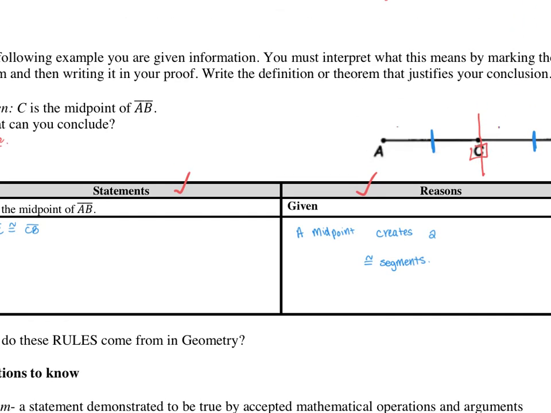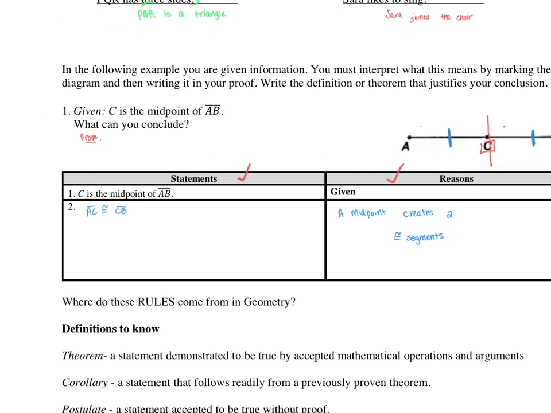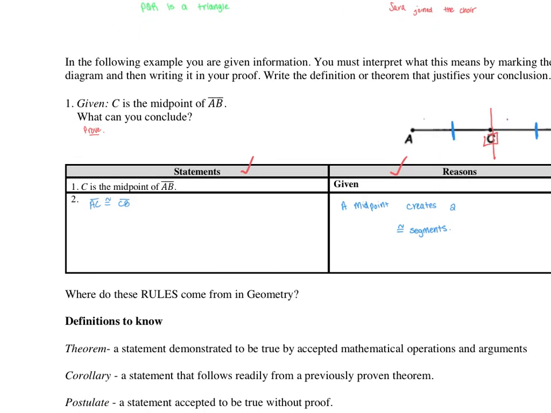What some students have written over the past 2 years that's also 100% acceptable is a midpoint creates two equal halves or two congruent halves. As long as you have something along the lines of a midpoint creating two congruent pieces, that's 100% correct in my book. Your statements are the conclusions you're making, and the reasons are basically your evidence.